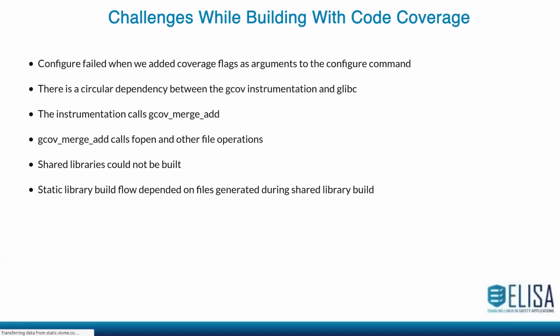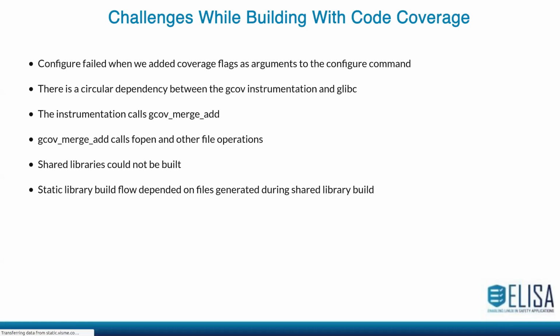It turns out that there is a circular dependency between gcov instrumentation and glibc. The instrumentation calls a function called gcov_merge_add, which we saw earlier. gcov_merge_add calls fopen and fclose, and because all of these libraries are not there, or they are linked multiple times, our instrumentation fails. And the last reference to this problem was actually from 7 years ago.